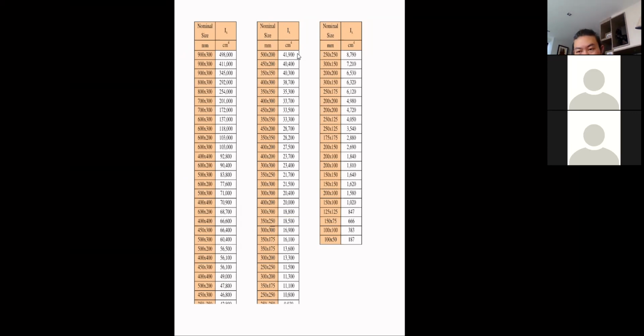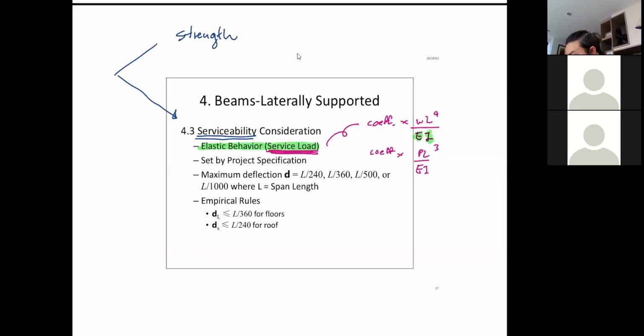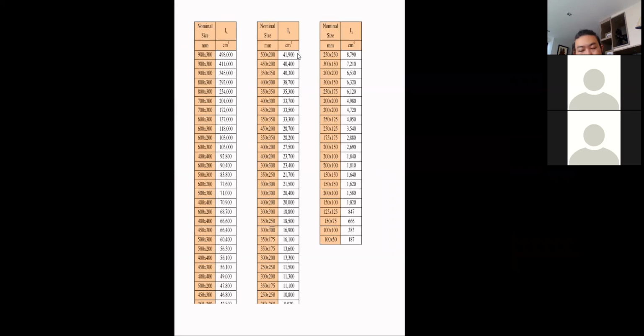But because of the fact that your beam is long, you can look at this formula. See, it's power 4 for the length. So you may have a serviceability issue. And when that's the case, you now have to pick your beams by the moment of inertia instead of plastic section modulus. And then this table will become useful. Okay.